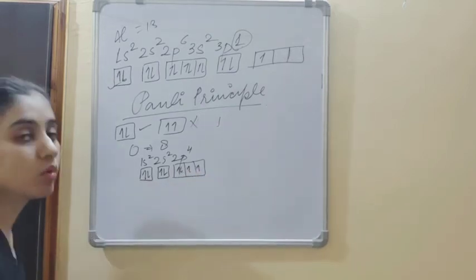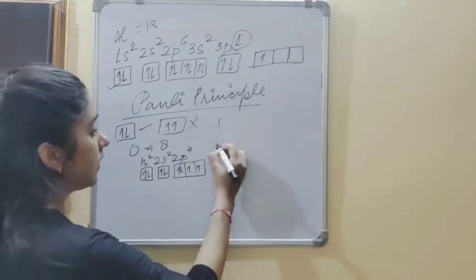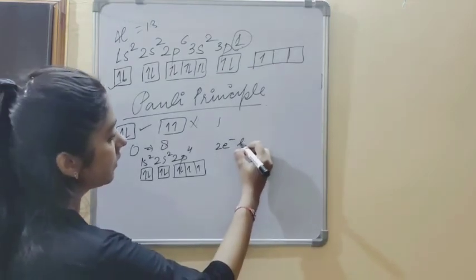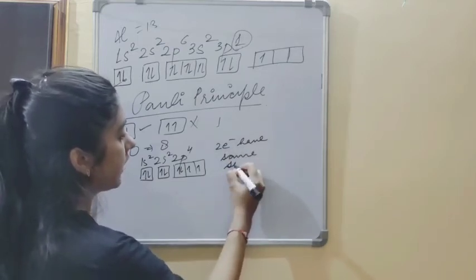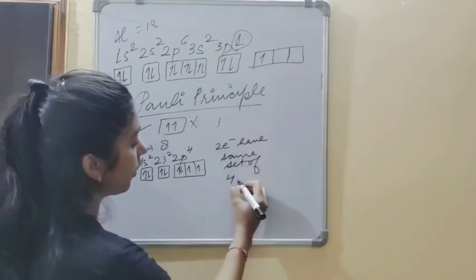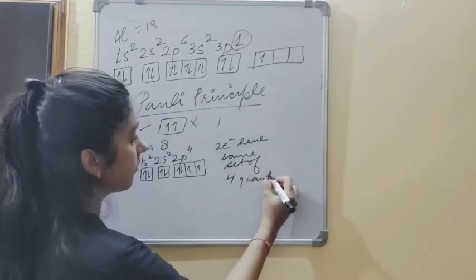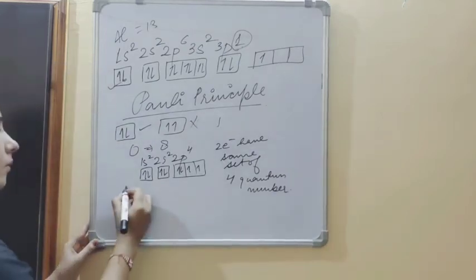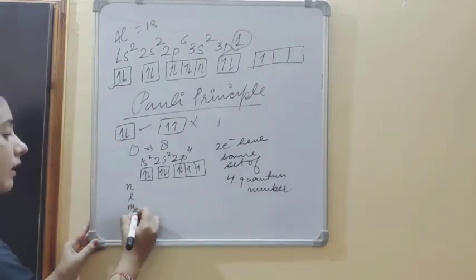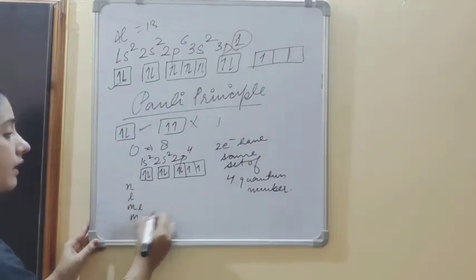Now we are going to check whether 2 electrons have the same set of 4 quantum numbers. Okay, so the 4 quantum numbers are n, l, ml and ms.